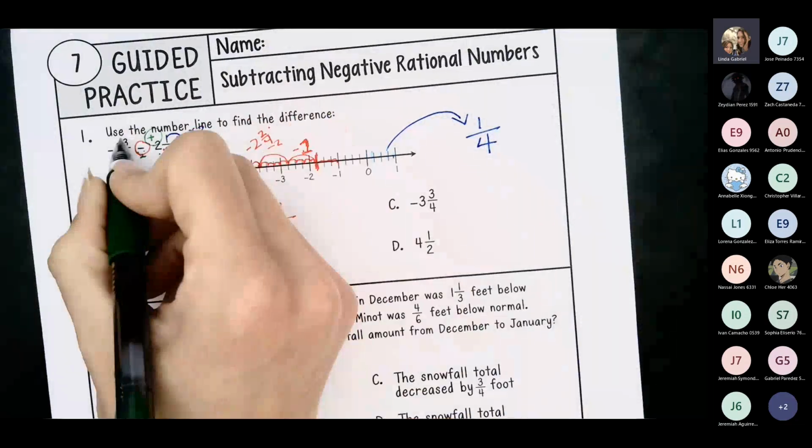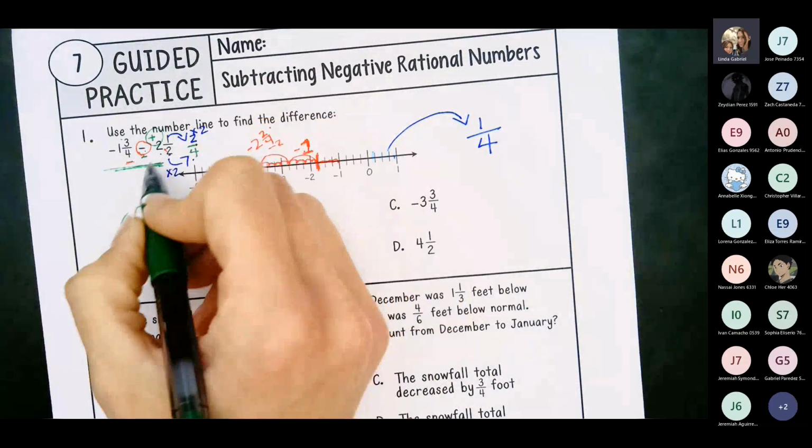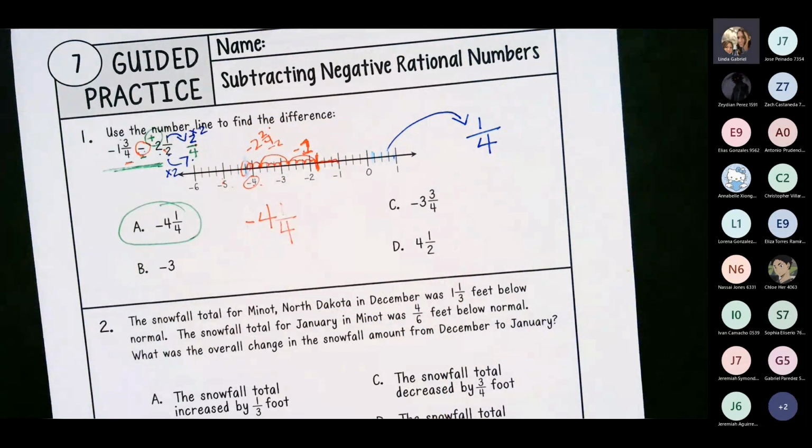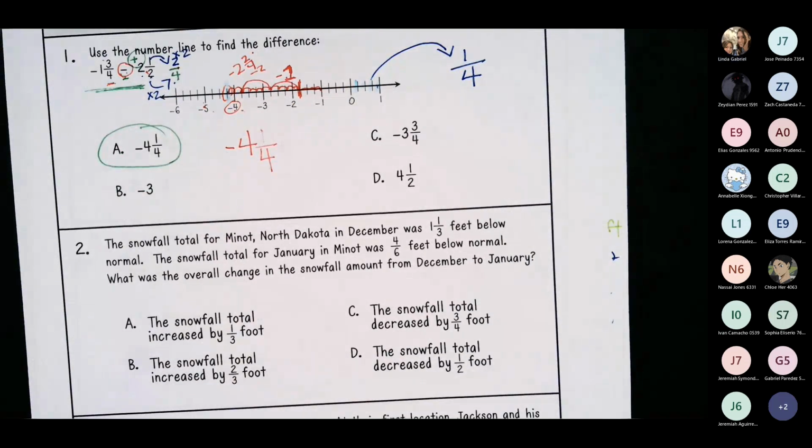Okay, so make sure that you are looking at the equation or expression and understanding what you are supposed to be answering or looking for. Okay. So question number 2, a word problem, right? Number 2 is the snowfall total for Minot, North Dakota in December, 1 1/3 feet below normal.